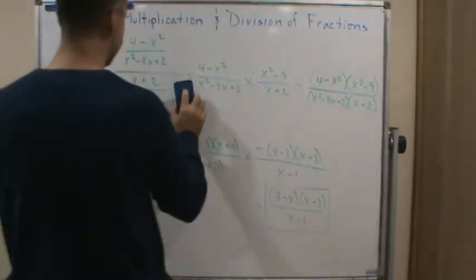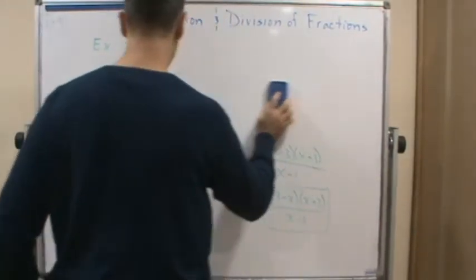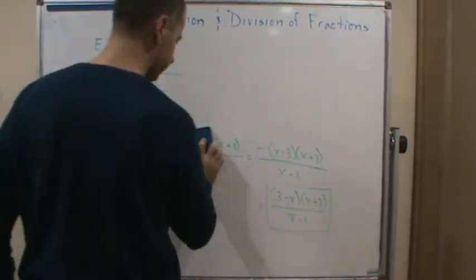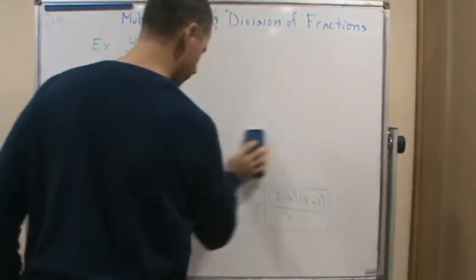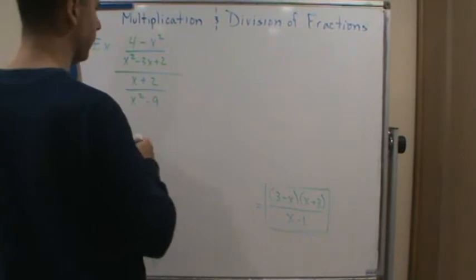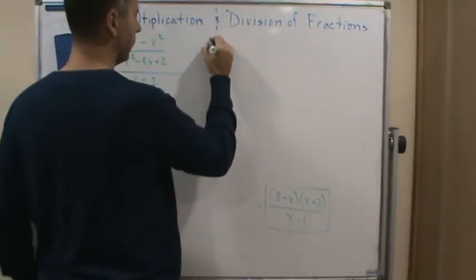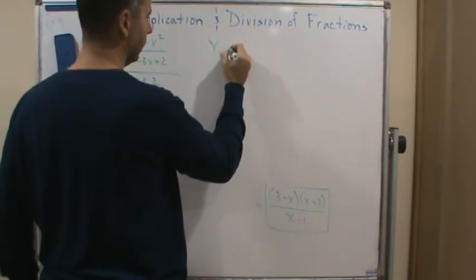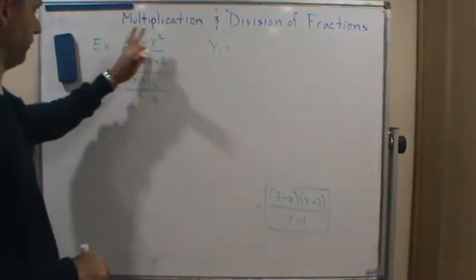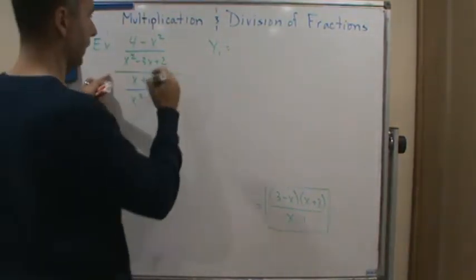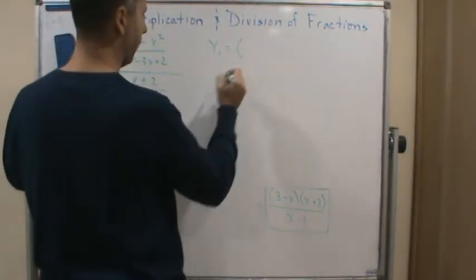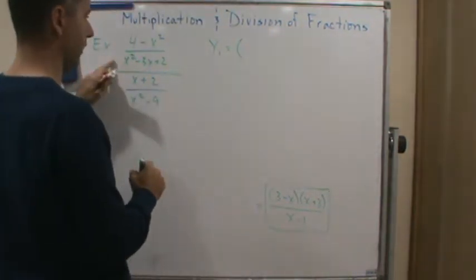So let me erase all of this stuff so it gives me some room to write. On your calculator, under the y equals, you would have y1 equals, and then you would have to carefully put this in your calculator like so. You'd have to have parentheses, okay?